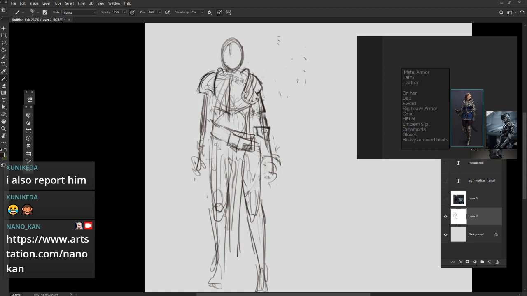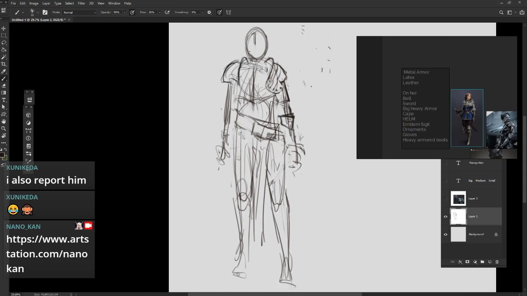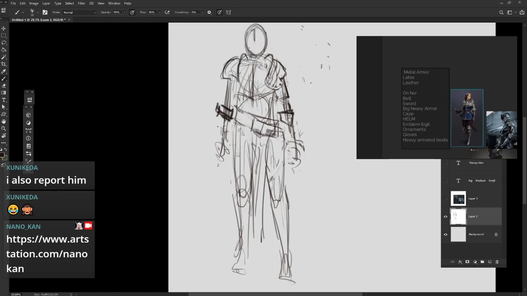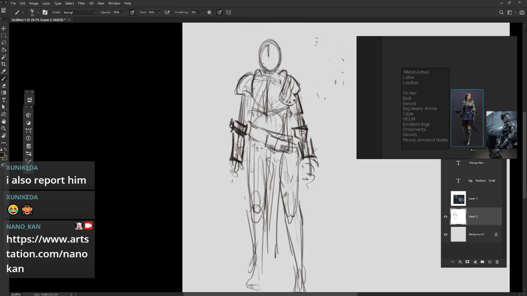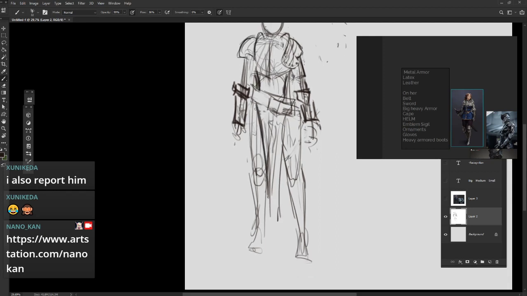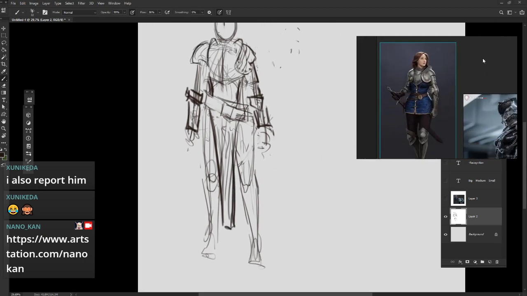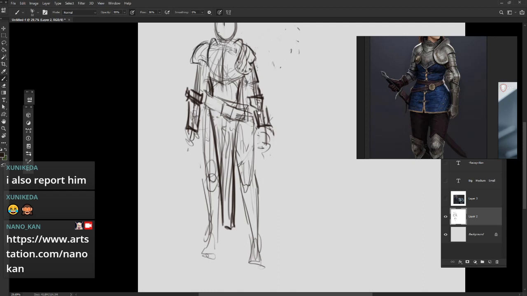Is it a triangle here? What is it? I want to break it down for the purpose of having an armor here. I want you to break something down for the purpose of having a cape type of stuff here. Now maybe I should add much more hips to that character.